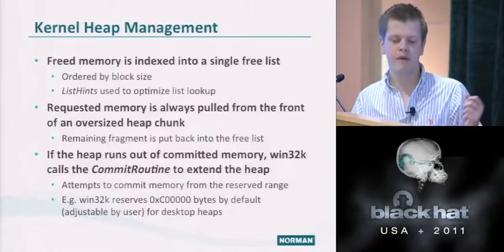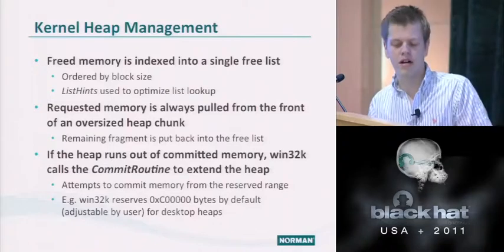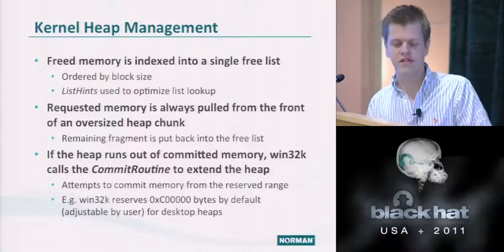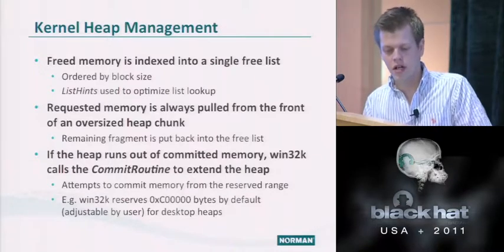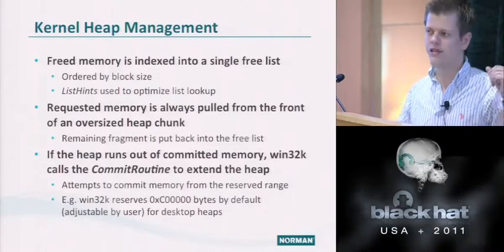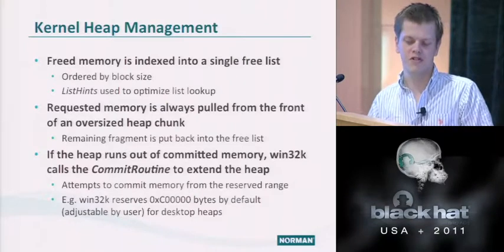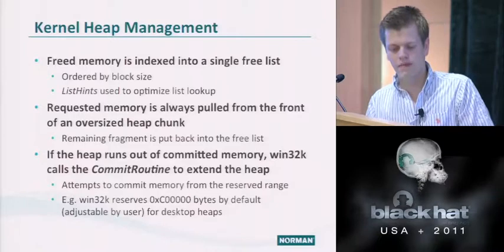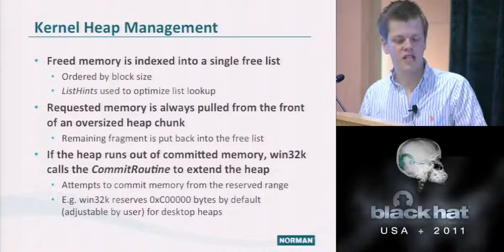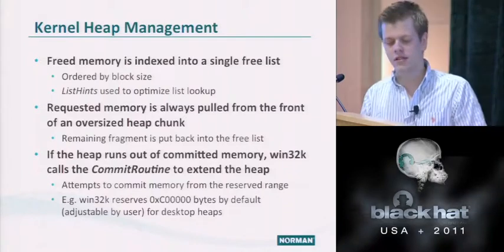So all the freed memory is indexed into a single free list. It's ordered by block size, meaning it has a granularity of 8 or 16 bytes, depending on the architecture. They use list hints to optimize list lookup, since you store all the entries in the same array and obviously need additional structures to speed up the lookup. The requested memory is always pulled from the front of the oversized heap chunk, while the remaining fragment is put back into the free list.